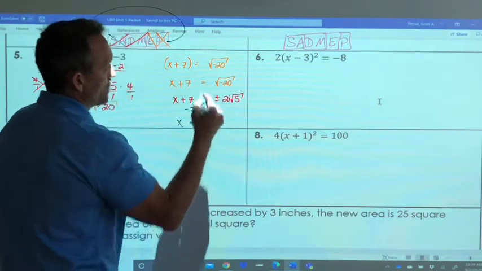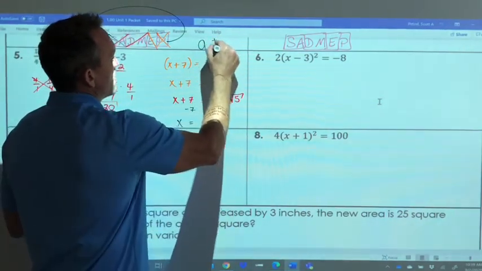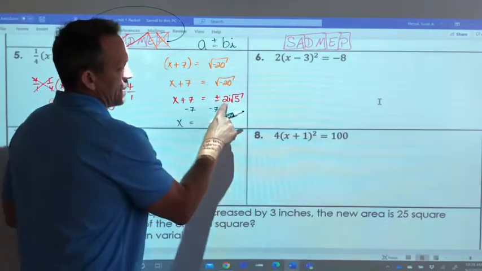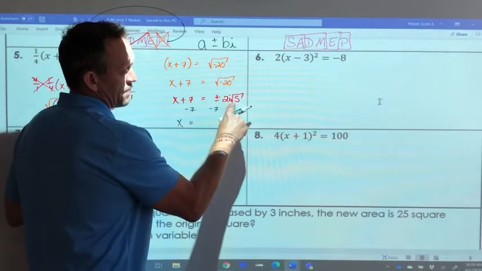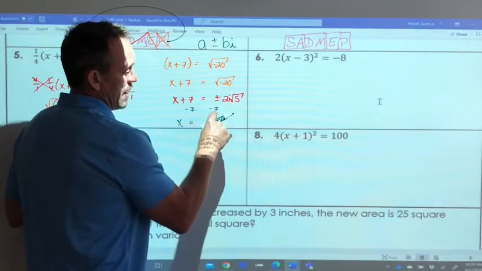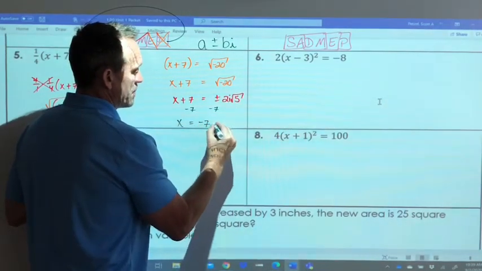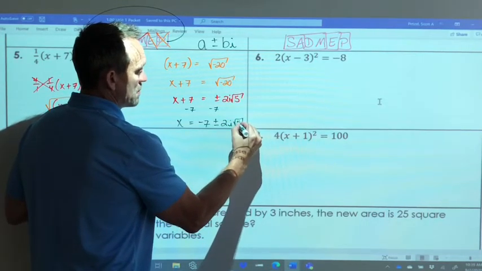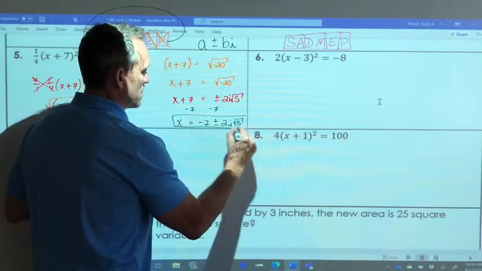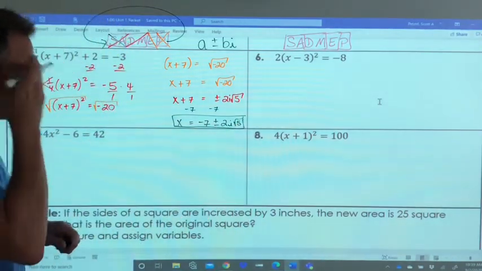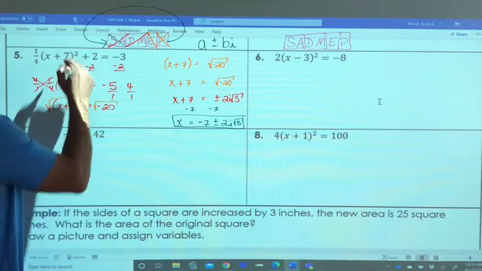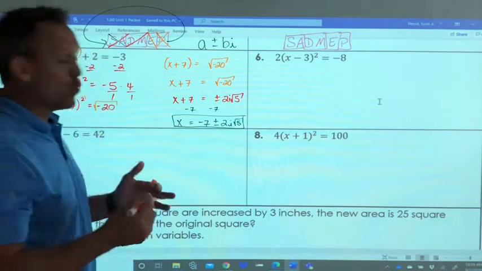Crucial understanding. Remember, this is my bi. That means that has to be my a. And that's your final answer. And again, remember, quadratics tell me I have two answers.